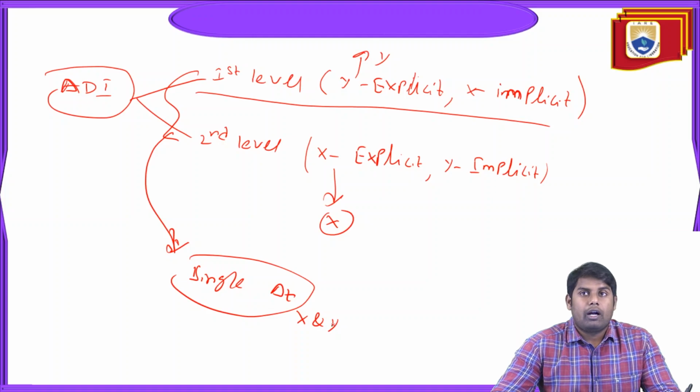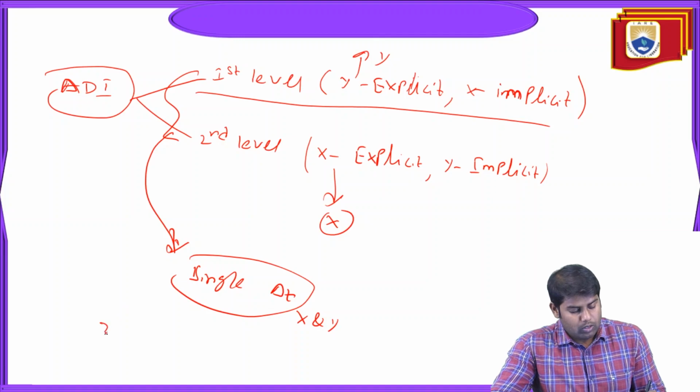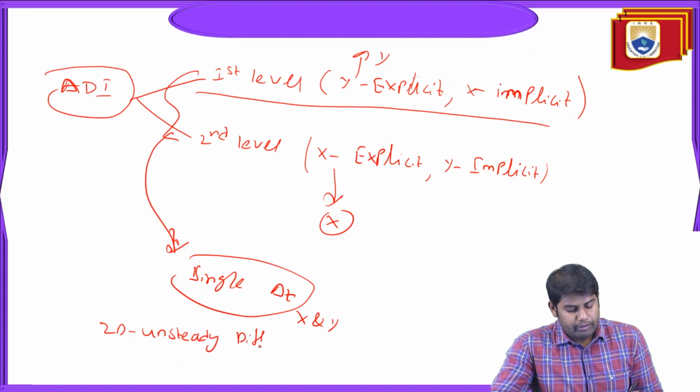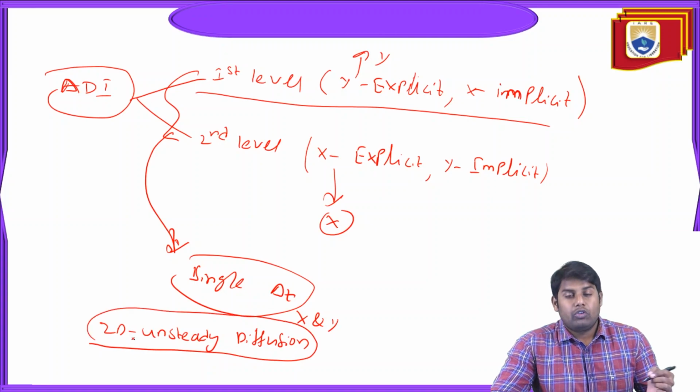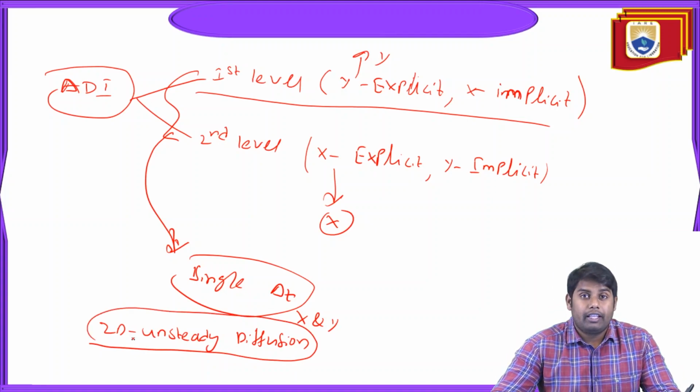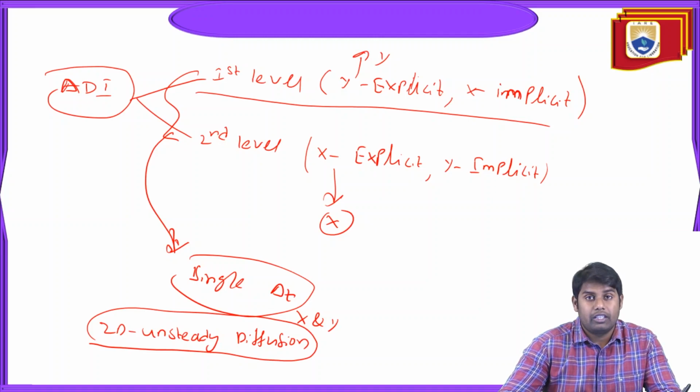Combining the advantages of both the first step and second step, we can straightforwardly solve the 2D unsteady diffusion equation using the ADI method. If we do everything using explicit, explicit methods are conditionally stable.